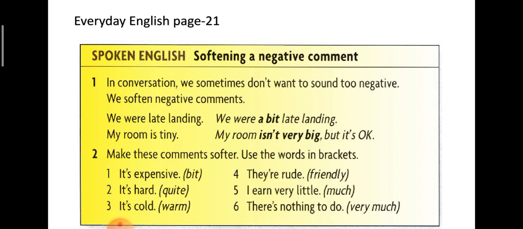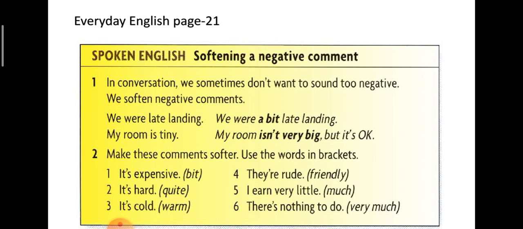But there is another way to soften it. You can say, 'We were a bit late landing.' You add the words 'a bit', and it sounds more satisfying, happier. Yeah, feel positive now.